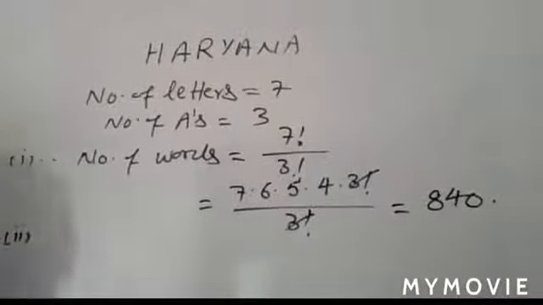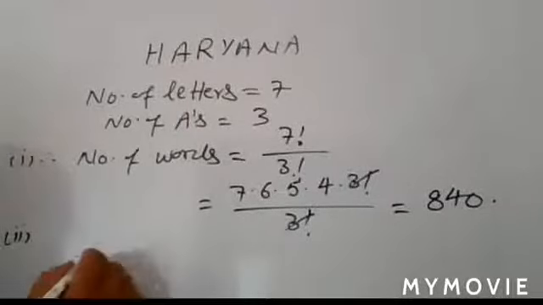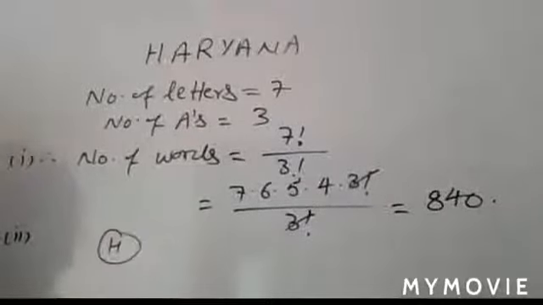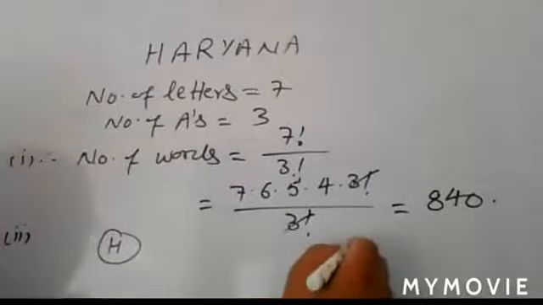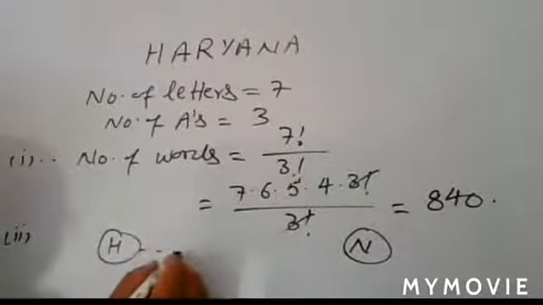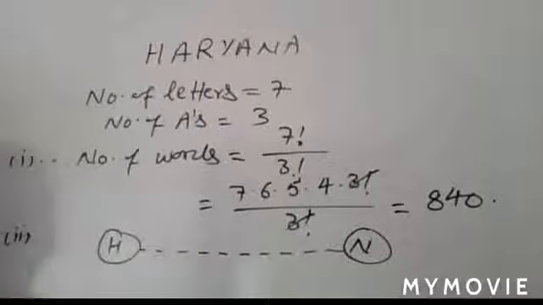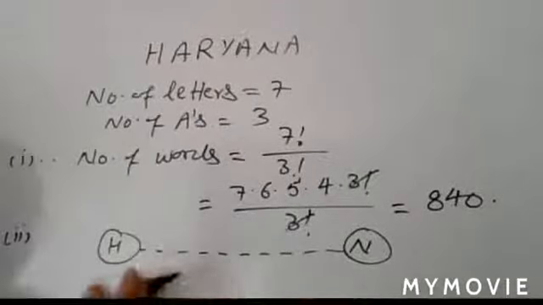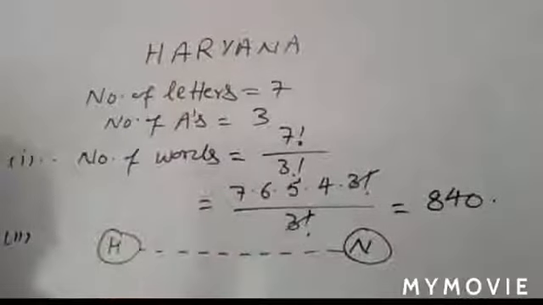What is given? How many words are there which start with H and end with N? Out of 7 letters, if 2 letters are fixed, H and N, their positions are fixed.